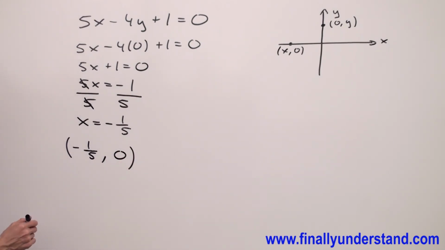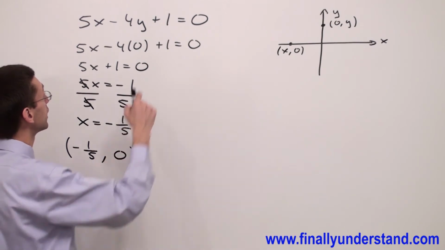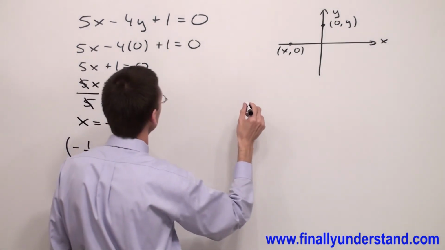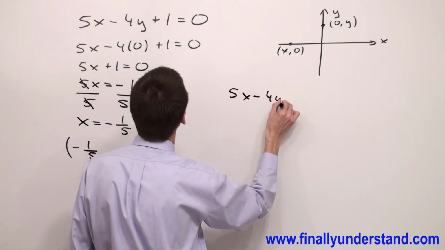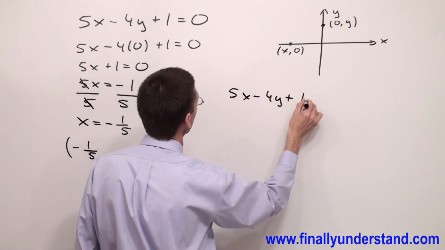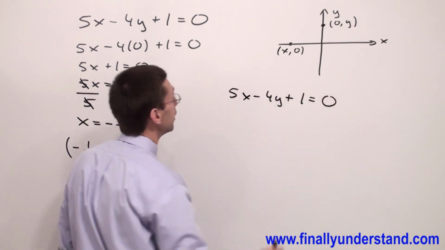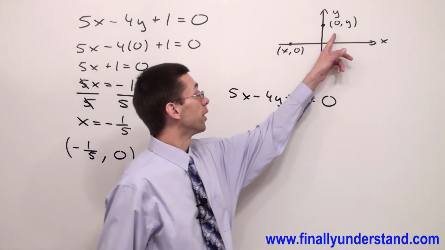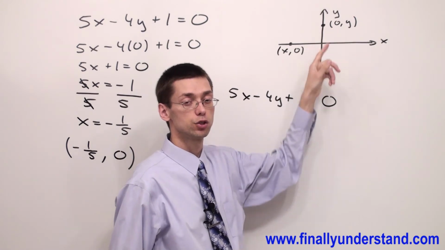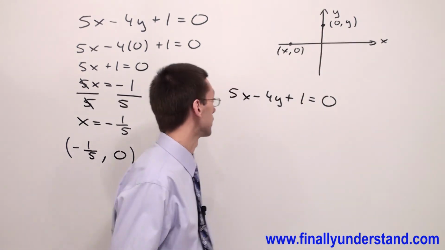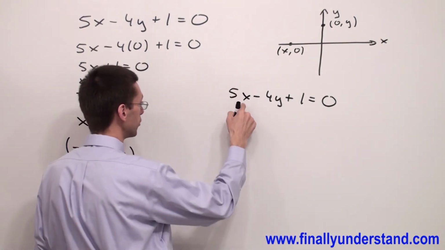Now, if you want to find the y-intercept, you're supposed to get back to the general form and write 5x minus 4y plus 1 is equal to 0. When we talk about the y-intercept, the x coordinate is always equal to 0. That's why this time, instead of x, I'm going to write 0.